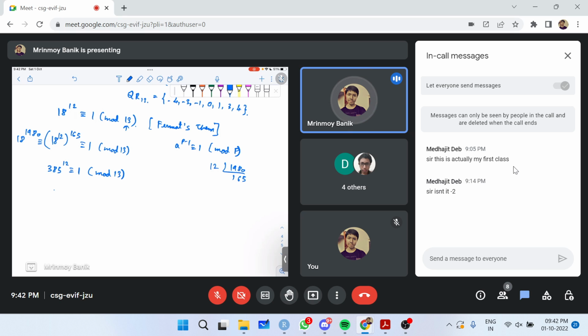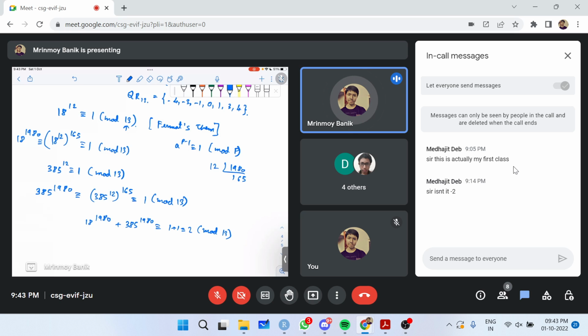You take the whole power 165: 385 to the power 12, whole power 165, is congruent to 1. So our original number, 18 to the power 1980 plus 385 to the power 1980, is congruent to 2 mod 13.